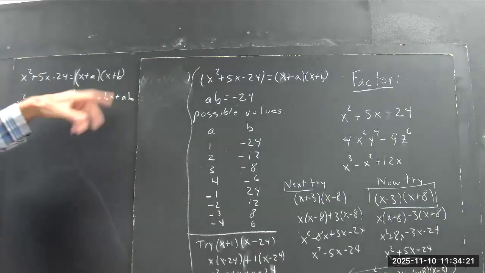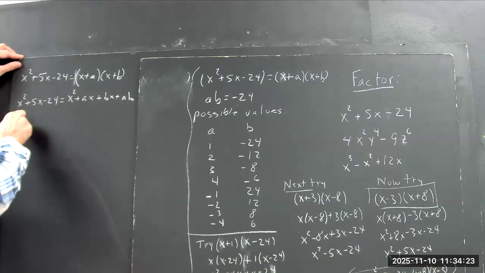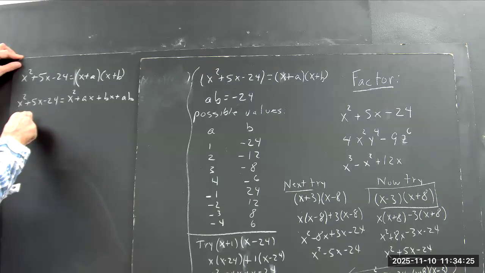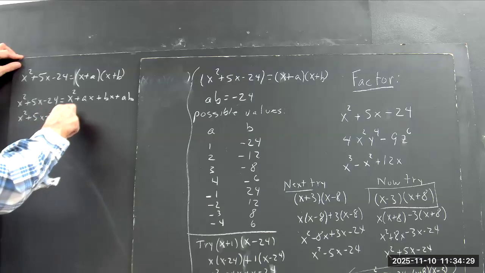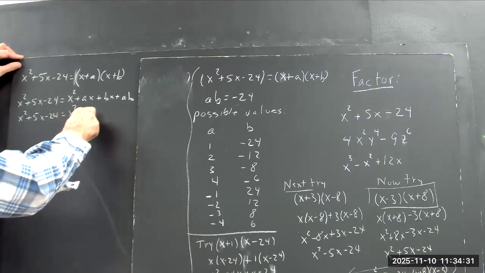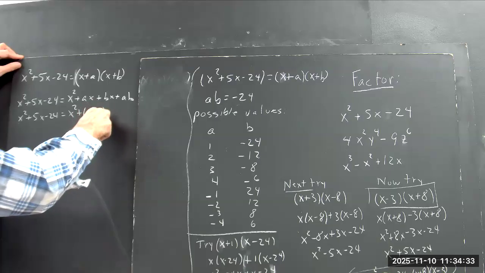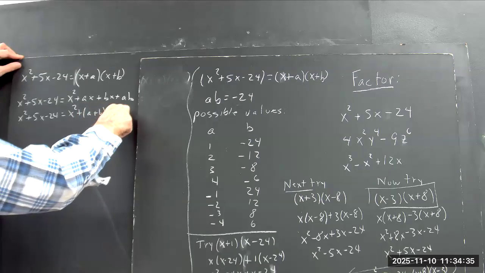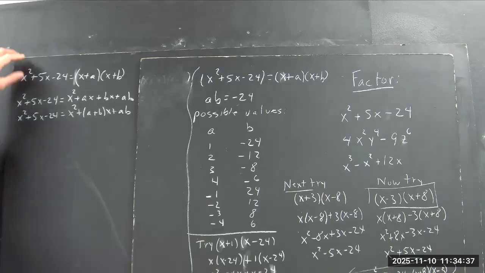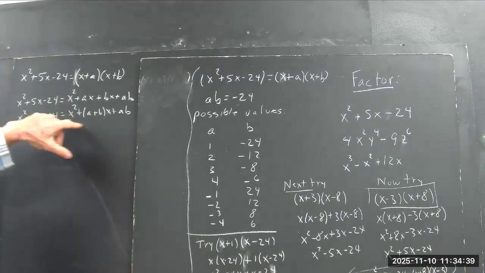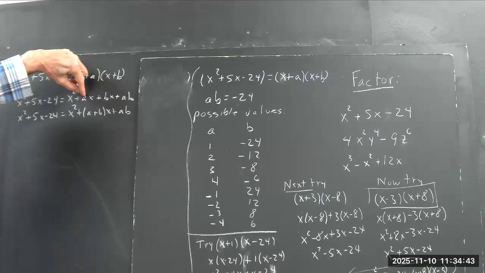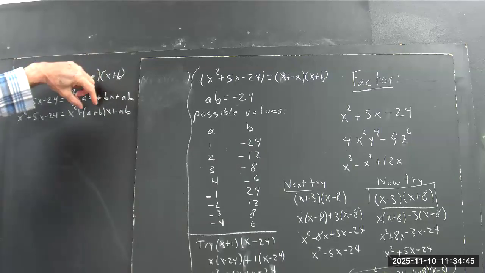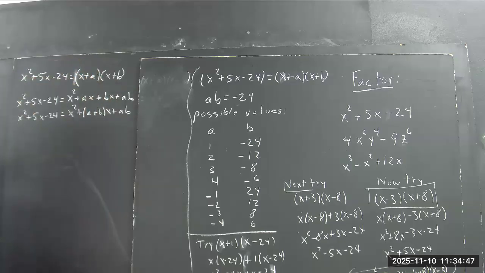And I'm skipping a step of the distributive law. You should be able to write this out with every step included. And what we end up with is x squared, there it is, ab, there it is. We can factor x out of the ax plus bx to get a plus b times x.